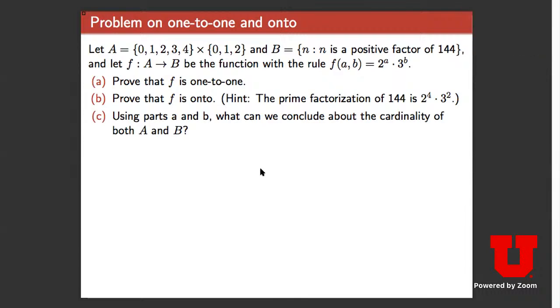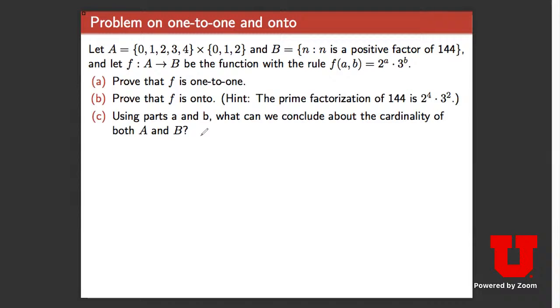You pick a b in B such that there exists an a and a b in A such that f of (a, b) is the b in B that we picked.